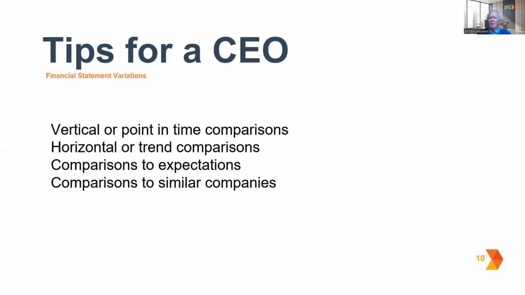We also have horizontal or trend comparisons. So you see the changes that occur over time. We have statements that are comparisons to expectations and comparisons to similar companies. The first item would be a vertical or point in time comparison.